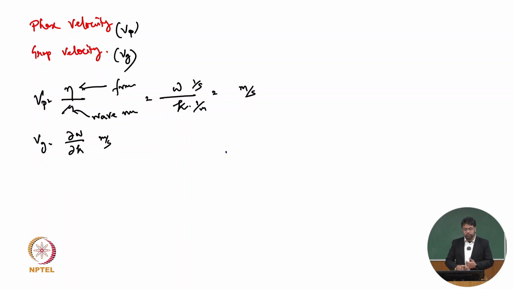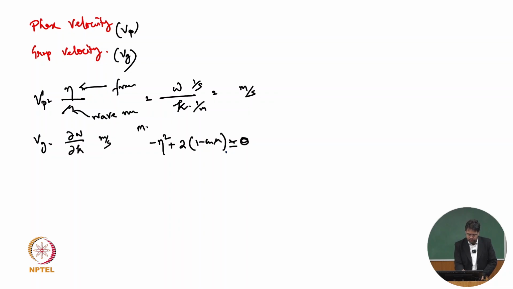Now, if we have a dispersion relation, for example for the monoatomic case, the dispersion relationship is minus eta square plus 2 into 1 minus cos mu equal to 0. That was my dispersion relationship for the monoatomic case. Agreed?